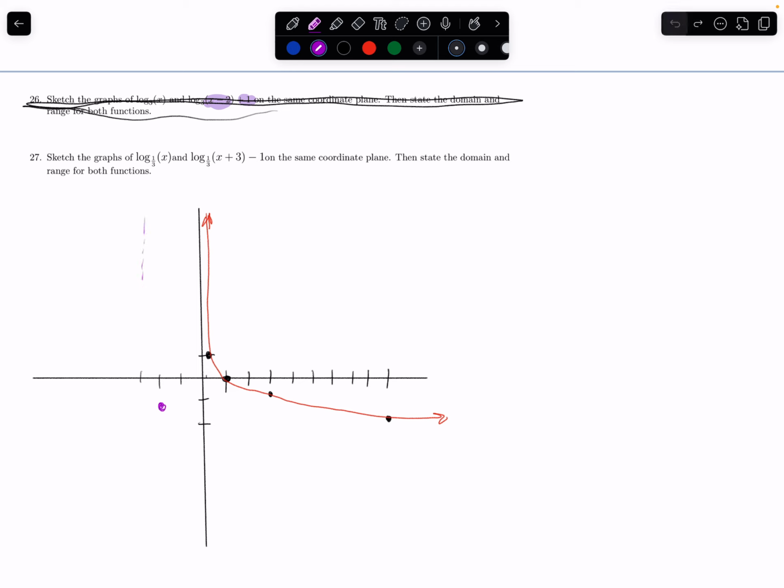This asymptote is at -3. The asymptote started at 0, so now it's at -3. If you look at that guy closely, it's not on the line, it's slightly off the line. So it should be right about here, actually. Okay, this guy, 3 left, 1, 2, 3, and 1 down, puts it right there on the axis. And this guy, 3 left, 1, 2, 3, 1 down, 1, 2, 3, puts it about there.